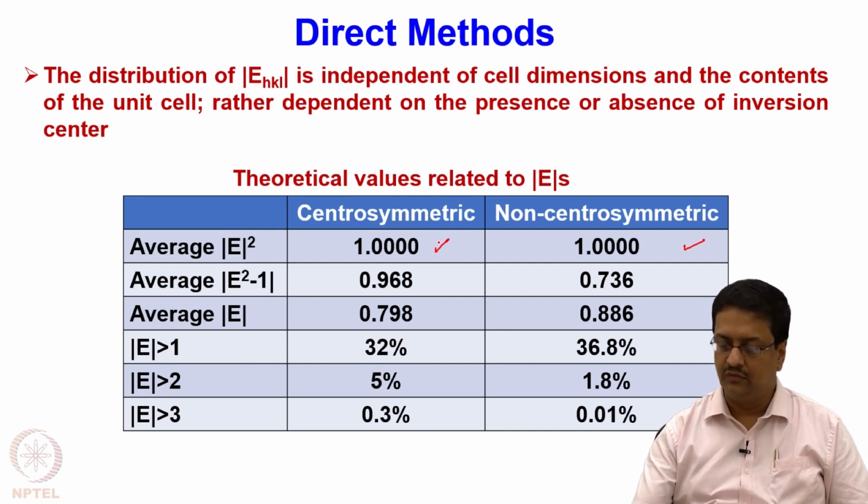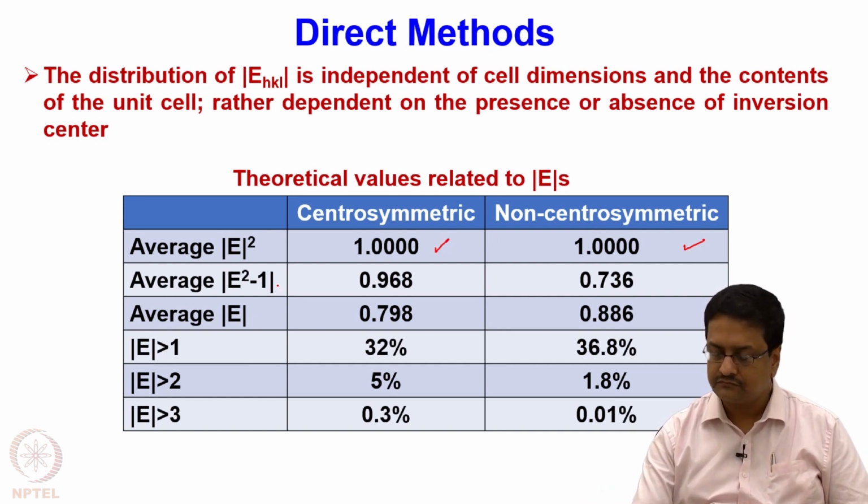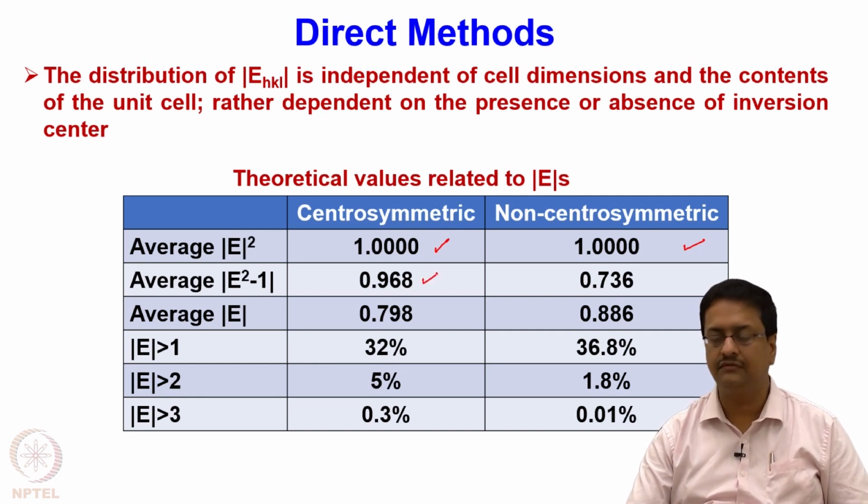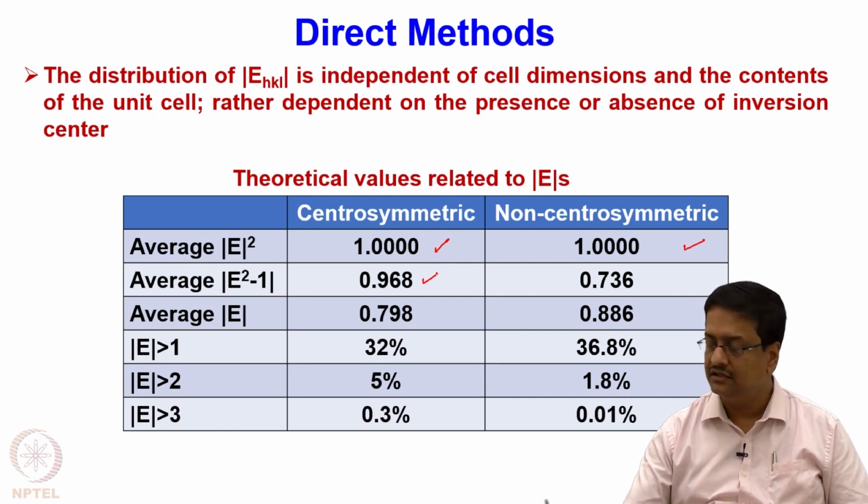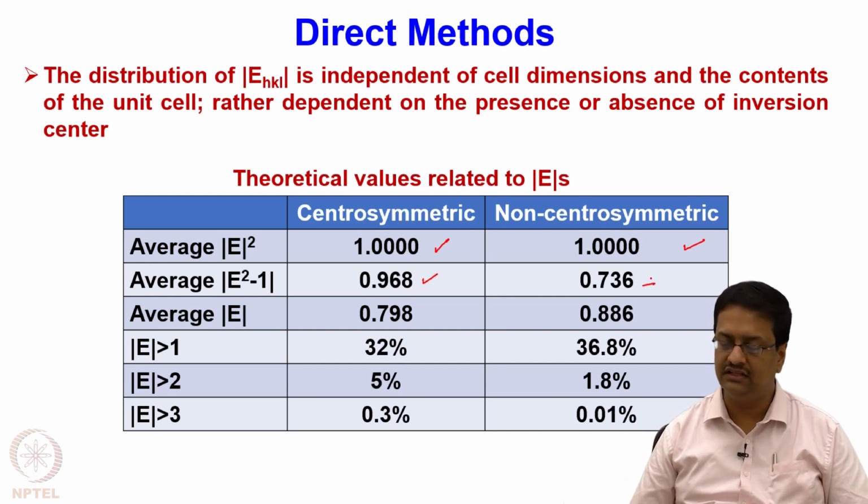But when we calculate the mod of E square minus 1, the centrosymmetric structures would have a value very close to 1, that is 0.968. For non-centrosymmetric structures, it should have a value close to 0.73.